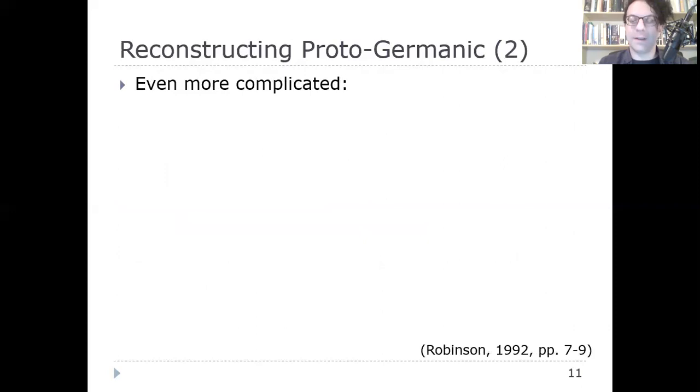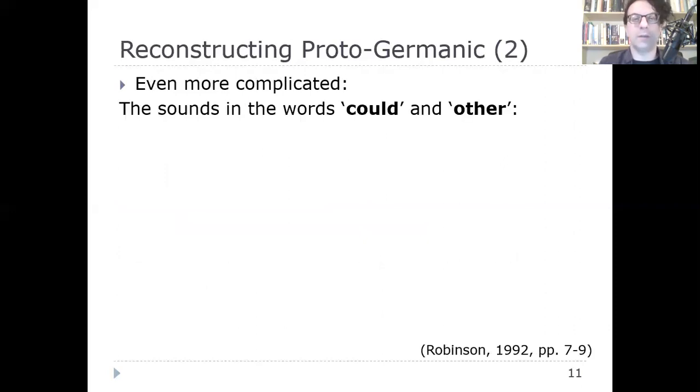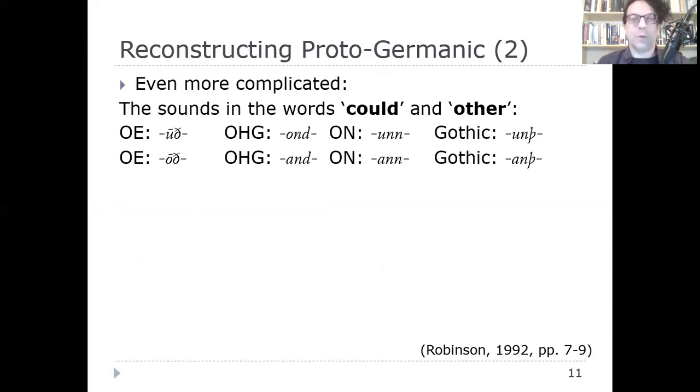We can do stuff that's even more complicated though, and look at the words for could and other in Proto-Germanic and try to reconstruct at least partially what was the case in these words, because here is where it gets really complicated. Now, in the words for could and for other, in Old English, you have sounds like ooth.